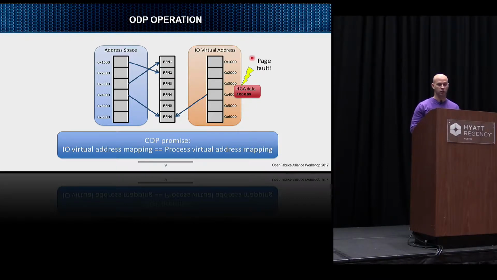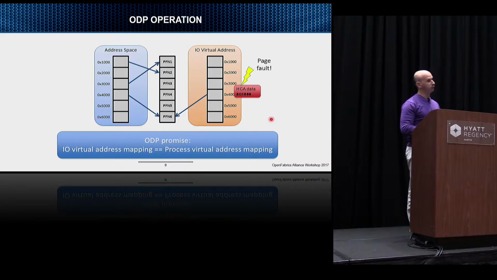We're going to get that translation, and we're going to fix this translation entry. And after that, the access can continue. So the promise is that we're going to keep the IO virtual address mapping identical to the process virtual mapping at all times. And this basically removes all the consistency issues between pin-down caches and what the operating system is doing.